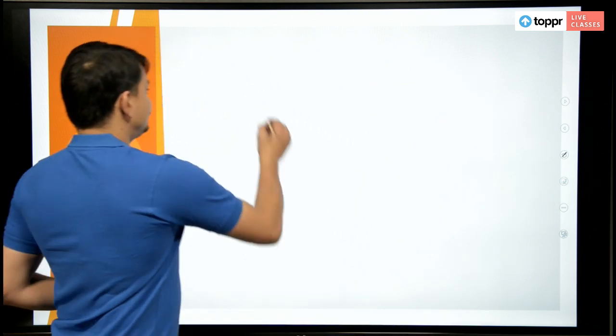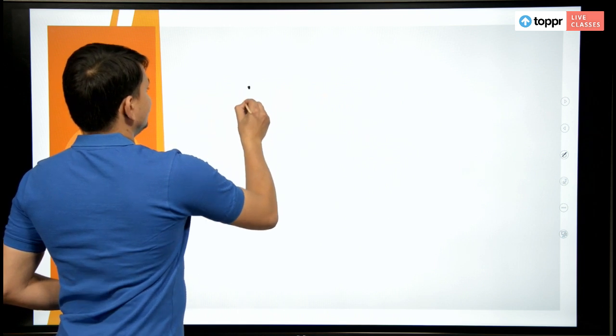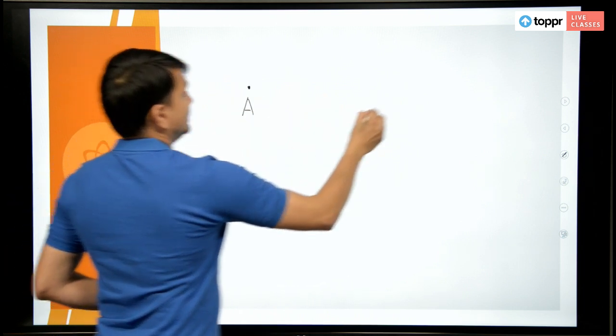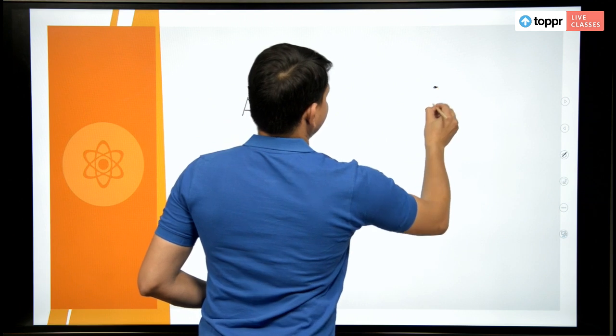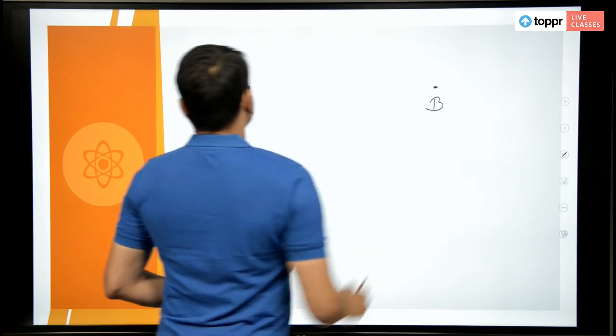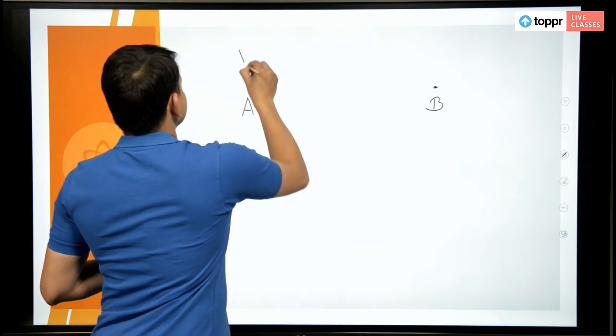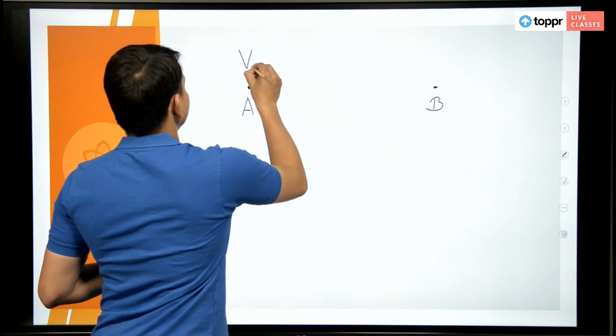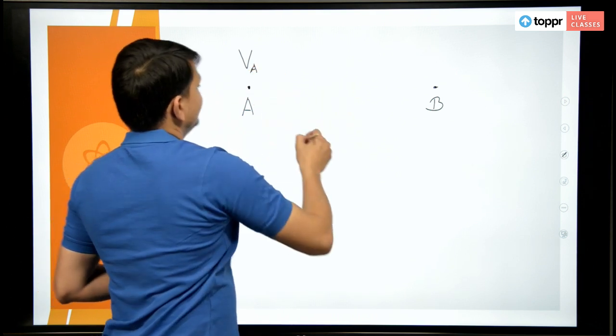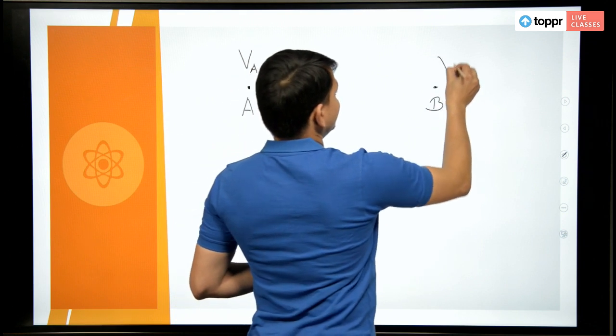So there are 2 points, one point A, another point B. The potential of this is VA, the potential of point B is VB.